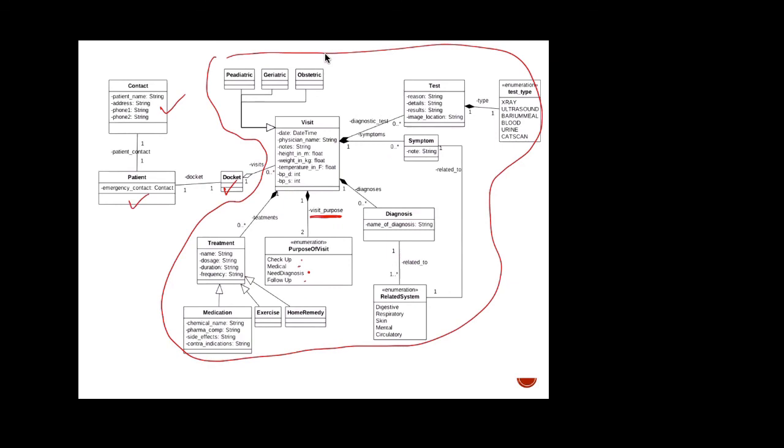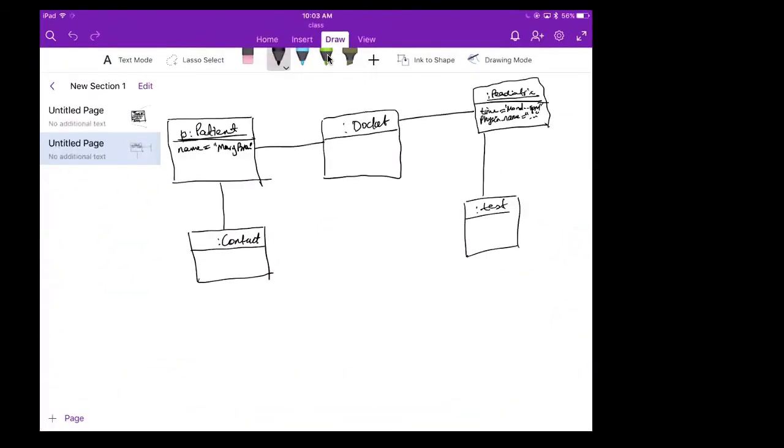So if you switch back, then we can have purpose, and you can specify the type as well. Anyway, visit purpose equals checkup, for instance, and so on.